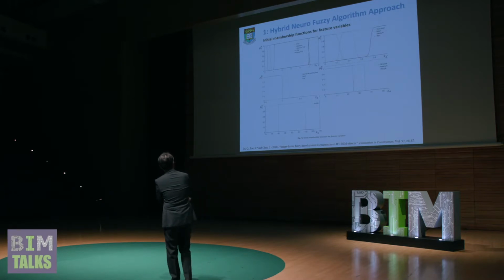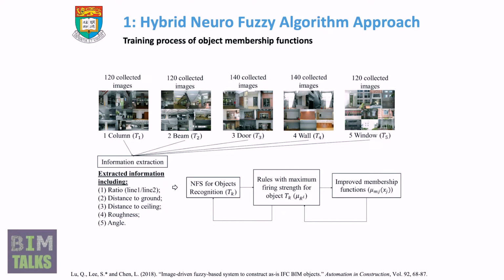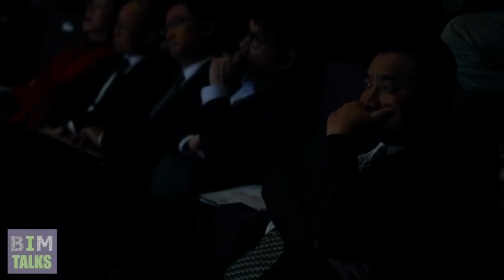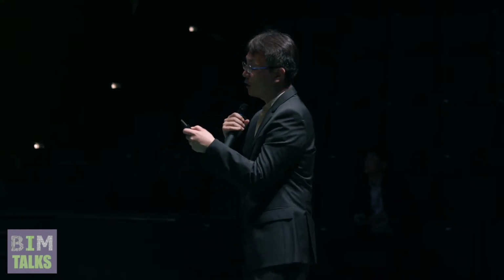And then we created membership functions, and started training these membership functions with the sample images. So we collected about 120 images for each different type, from basically campus buildings, and also downloaded from the internet, and trained them, and then finalized these membership functions. After we applied this, the computer was able to recognize objects.